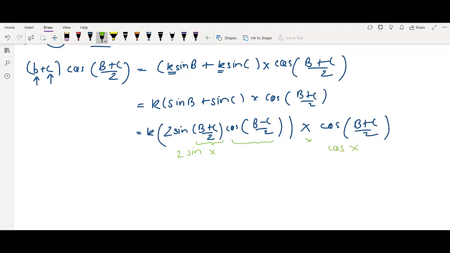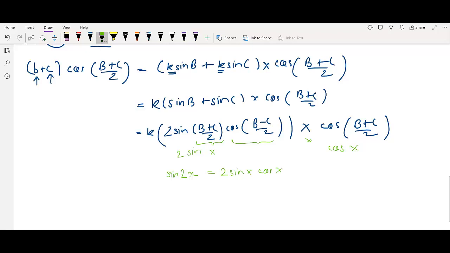Okay, do you see something here? You have 2 sine x into cos x, and what is 2 sine x into cos x? It is sine 2x, right? Sine 2x equals 2 sine x cos x.